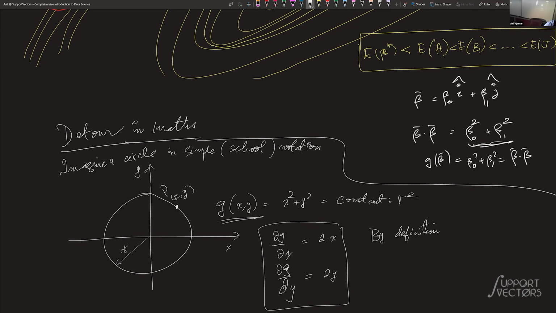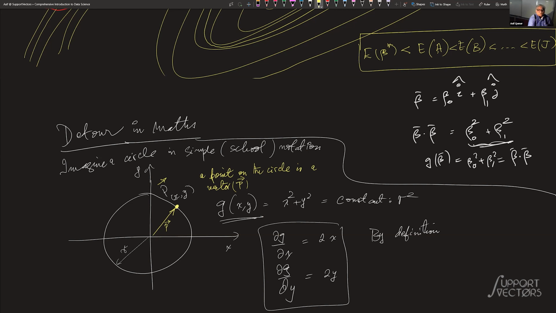A point is a vector. This is the P vector and this is the point P. So a point and a vector are the same thing. This is one of the simple intuitions to remember.